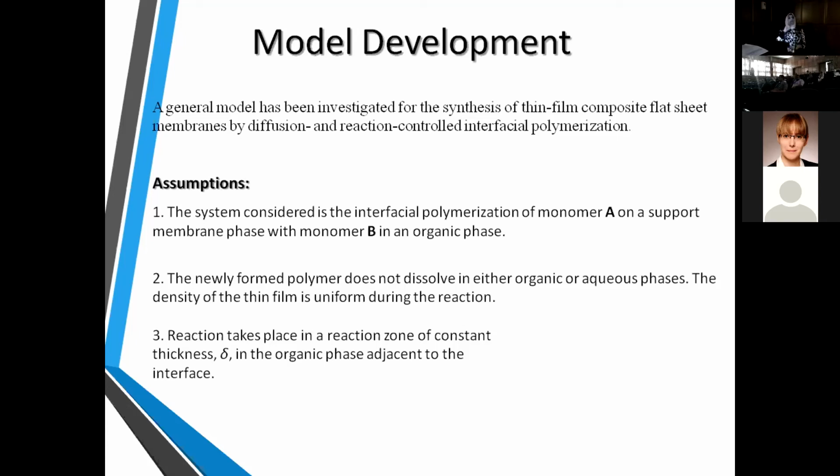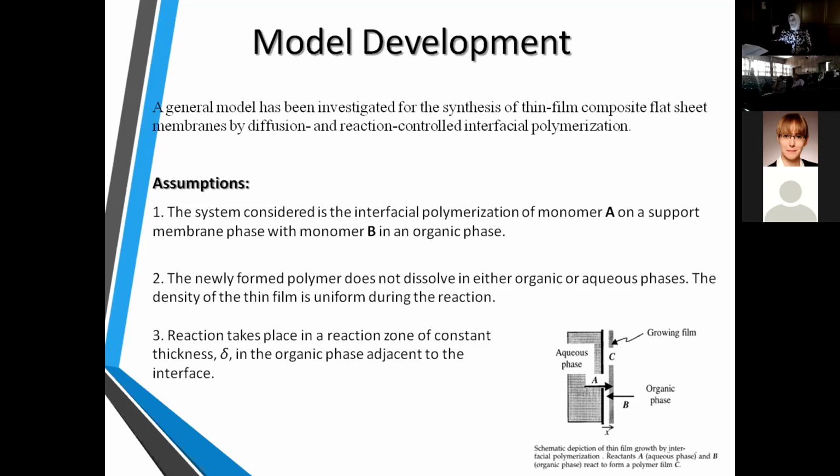The newly formed polymer doesn't dissolve in either the organic or the aqueous phase, and the density of the thin film is uniform during the reaction. The last assumption is that the reaction will take place at sigma, the reaction zone, as we said before in this picture.